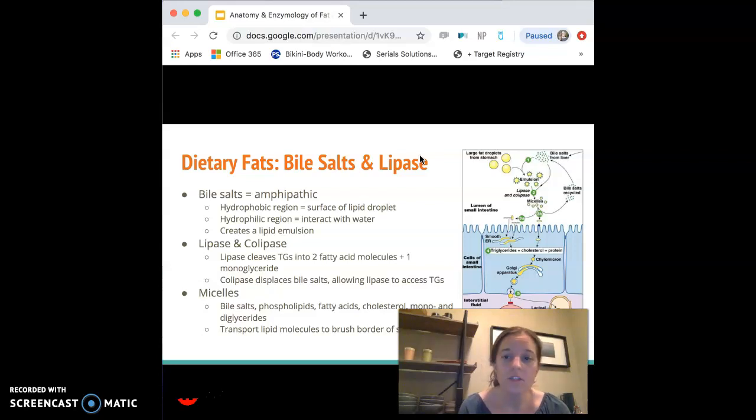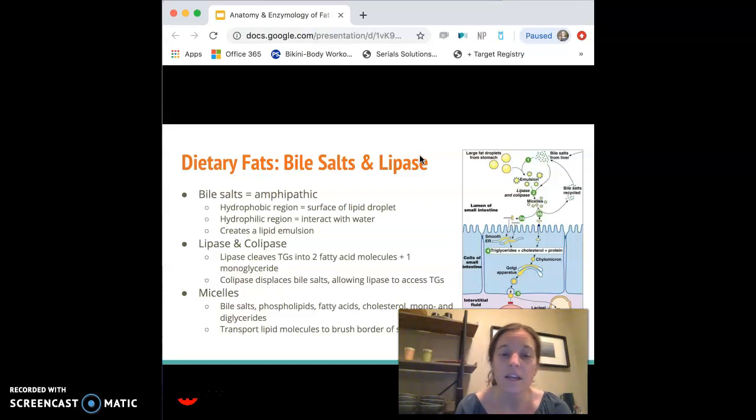So bile salts are produced in the liver, stored in the gallbladder, and then released into the small intestine. And they are considered amphipathic, which means that they have both hydrophobic regions, which interact with the surface of the lipid droplet, as well as hydrophilic regions, which interact with water.